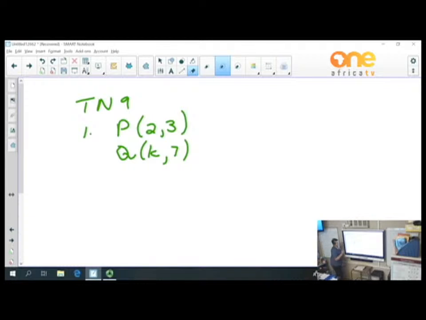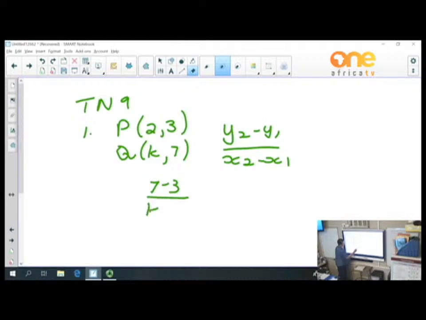So I'm going to use the formula y2 minus y1 over x2 minus x1. It will be 7 minus 3 over k minus 2, and they tell me that the gradient is 2/3. That's how you start to find this one.